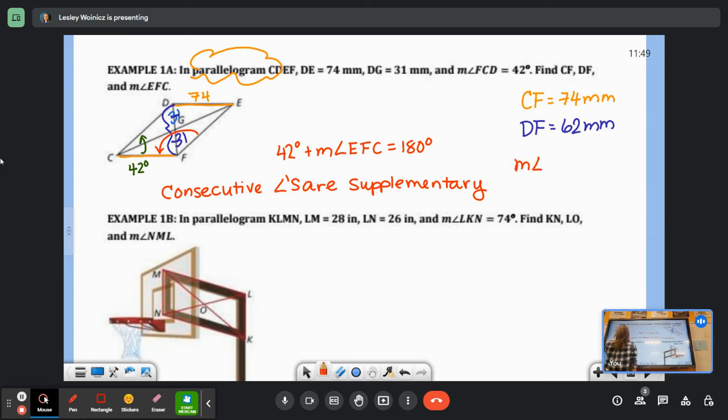Okay, measure of angle EFC is 138 degrees. That wasn't so bad. Good. Good. Where do you get that consecutive angles are supplementary?